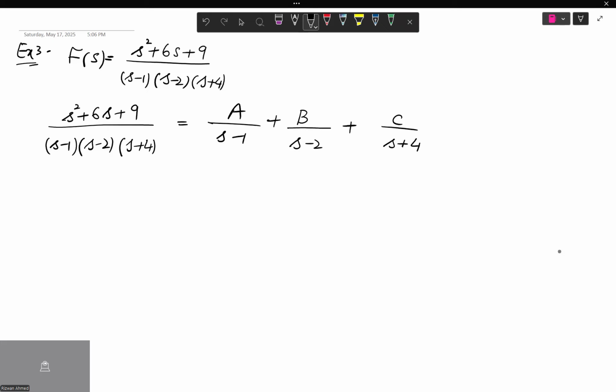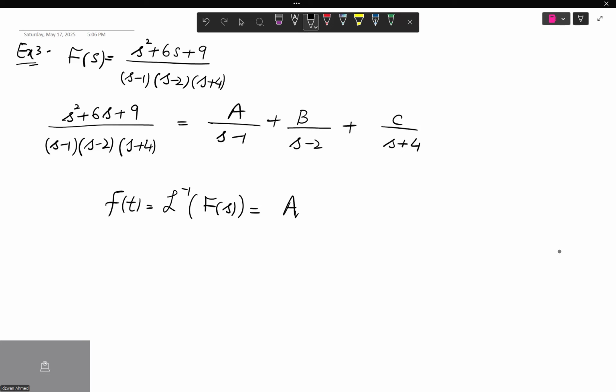And therefore the function in time will be the Laplace inverse of the F of s expression, and it will be calculated with the simple property.